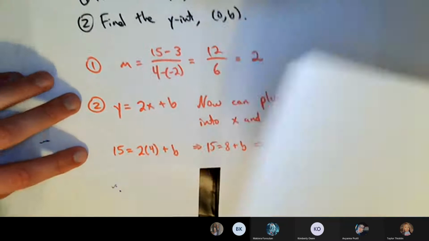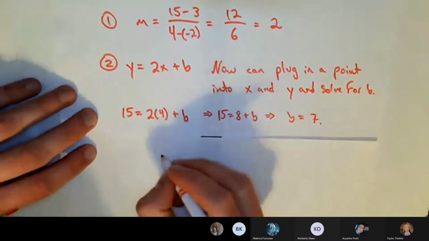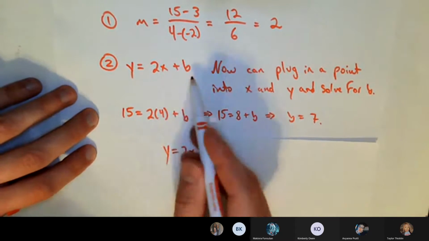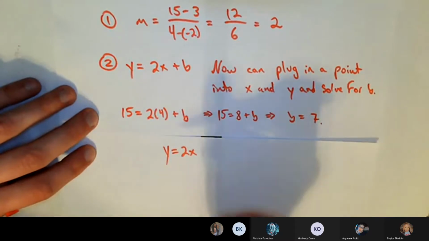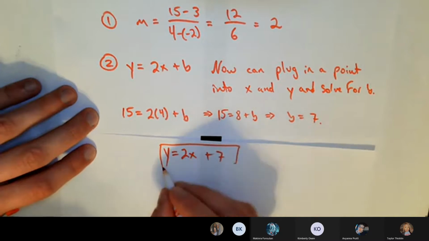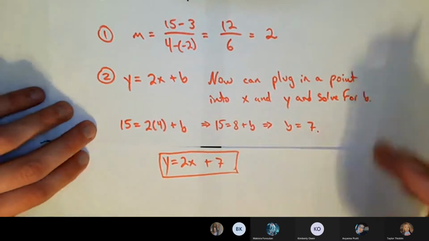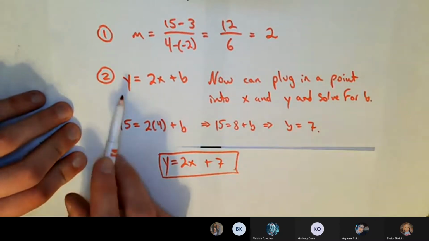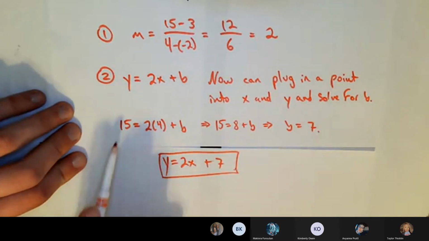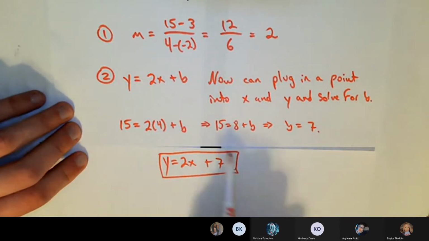But what does this mean for my equation now? Well, I've got y equals 2x, but now instead of just plus b, the letter b, I can say 7, and then we're done. That's it. Find slope, write down the equation with slope plugged in, plug in a point into x and y, solve for b, write it all down.